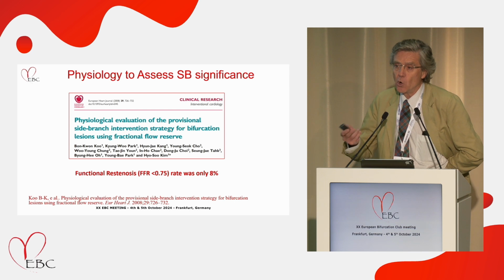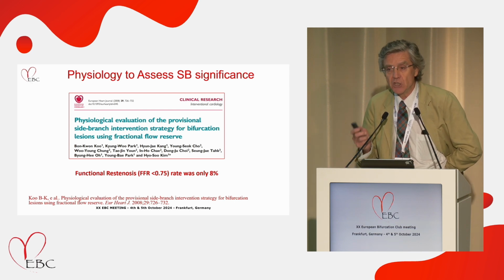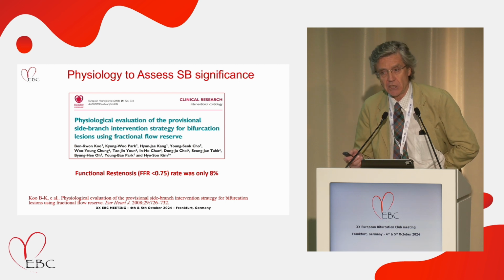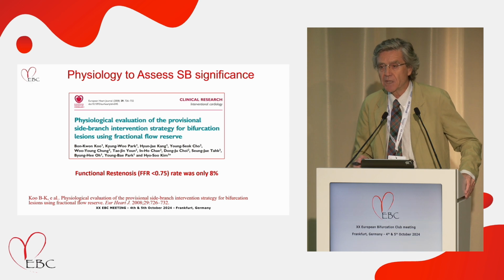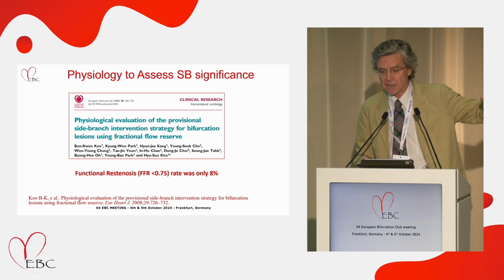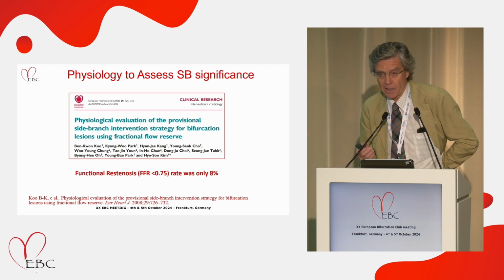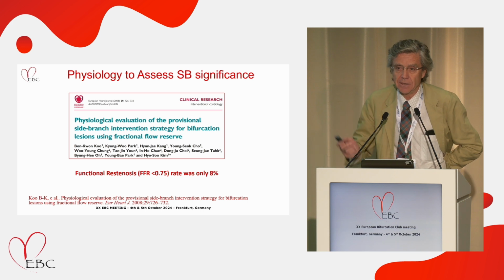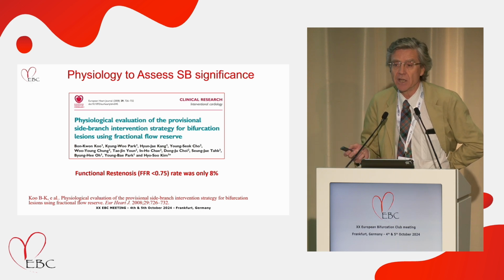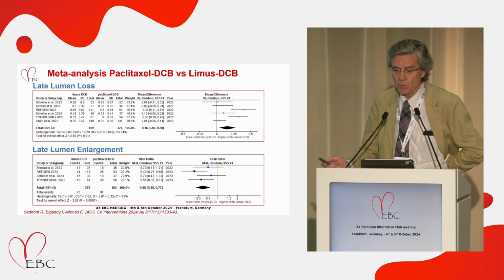And we note also that this is a classical study suggesting that physiology is mandatory for this lesion, because when we face these patients, sometimes not only at initial presentation, but as you may see here, also at follow-up, when we do a follow-up angiography and you see this narrowing in the ostium of the side branch, then the FFR in most cases is negative. So obviously we need to avoid that.